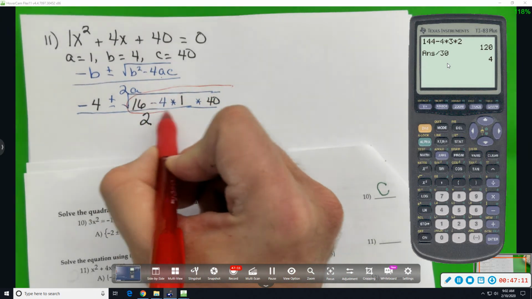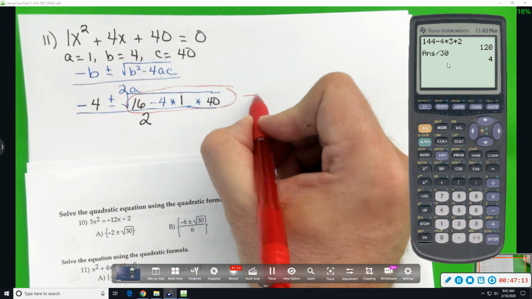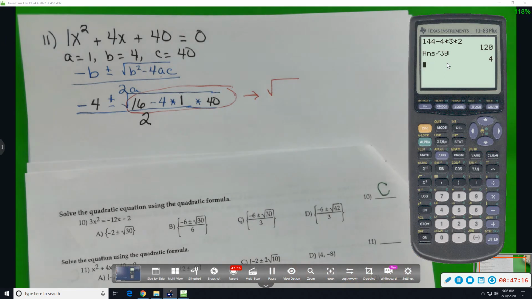Let's simplify underneath that square root. Okay. 4 times 1 times 40 is 160, so it looks like we have 16 minus 160. 4 times 1 times 40. That gives negative 144, and 144 is a perfect square, right? What's the square root of 144? 12. But if I try to take the square root of that in the calculator, it's going to give me an error.